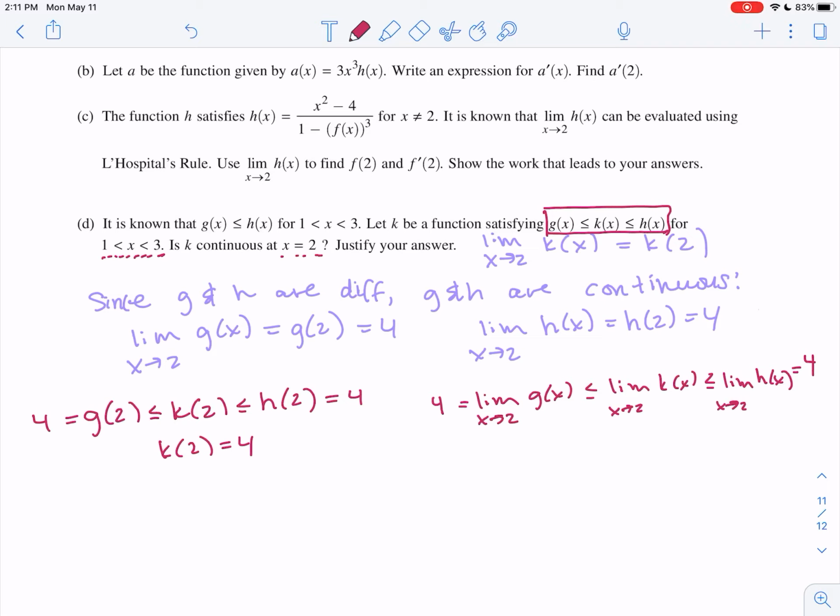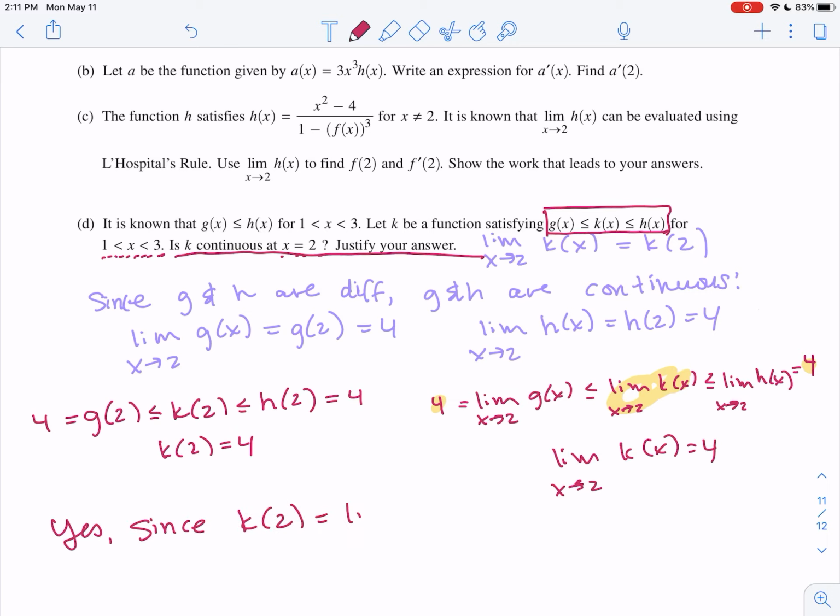So the limit I'm trying to find, this guy, is between 4 and 4, so the limit as x approaches 2 of k of x is also 4. So is k continuous? Yes, since k of 2 equals the limit as x approaches 2 of k of x, and they're both 4. Done and done.